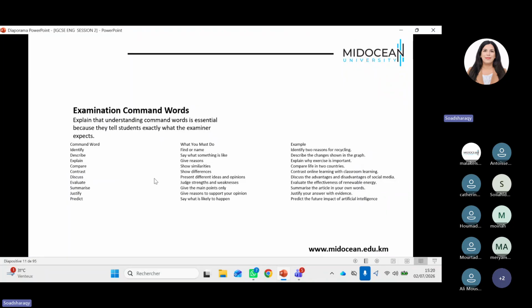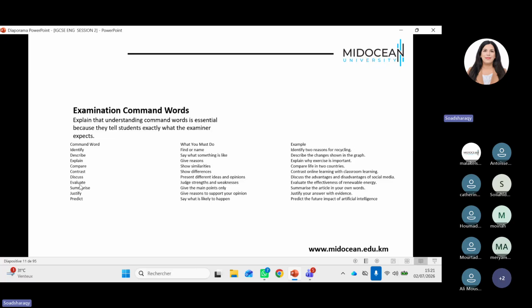Contrast means to show differences. Example, contrast online learning with classroom learning. To discuss means present different ideas and opinions. For example, discuss the advantages and disadvantages of social media.